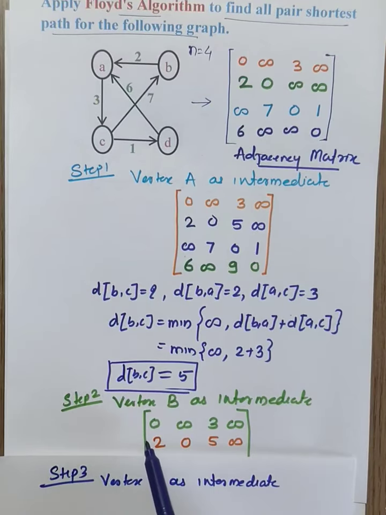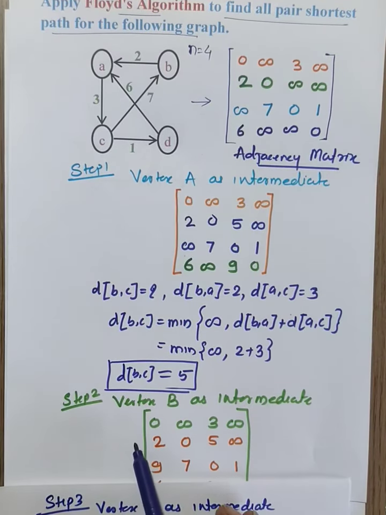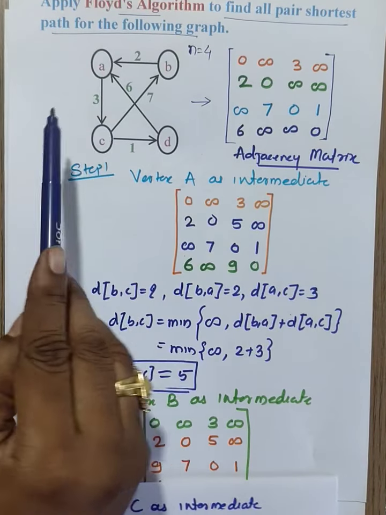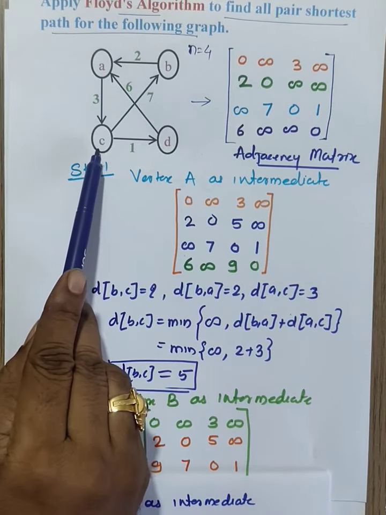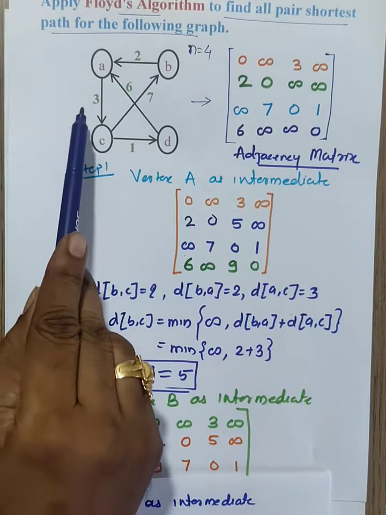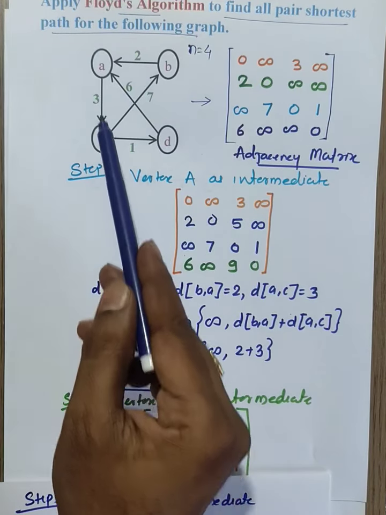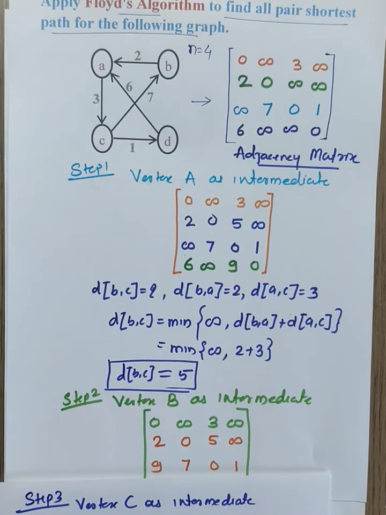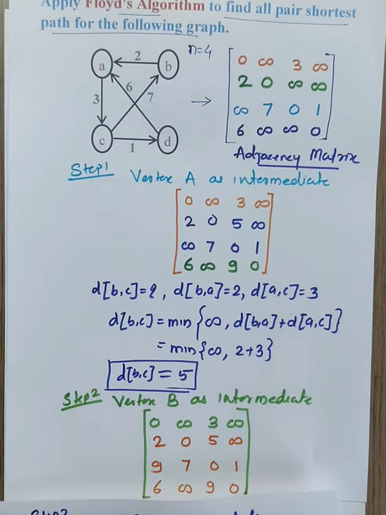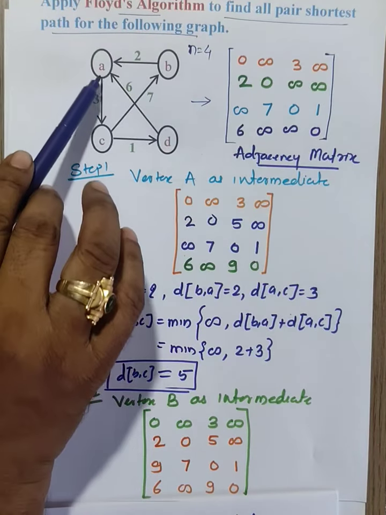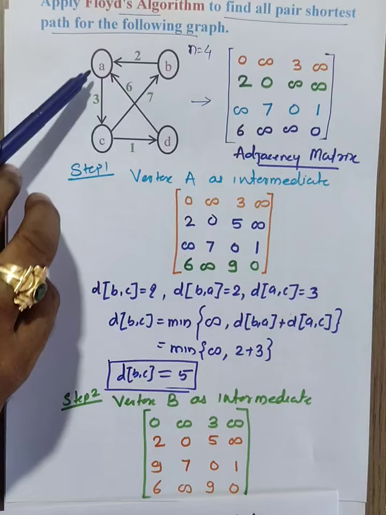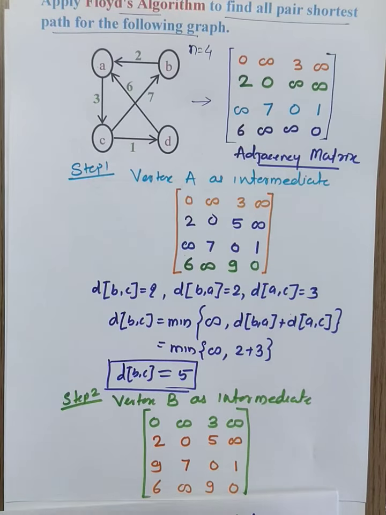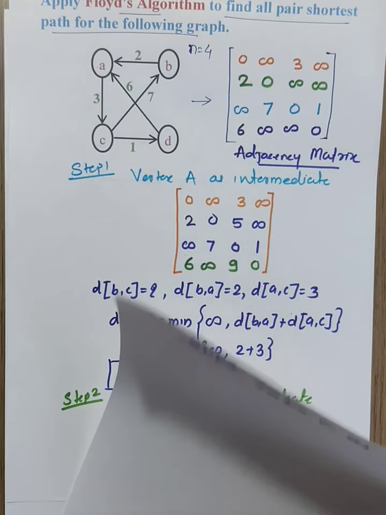Check here. First, A to A is 0, A to B is infinity. Using C, A to C, C to B, we can travel. But the previous value is infinity, and this is 3 plus 7, which is 10. Next, A to D is infinity. Using C, 3 plus 1 is 4.